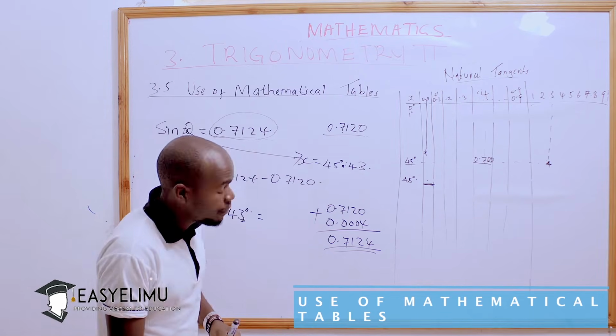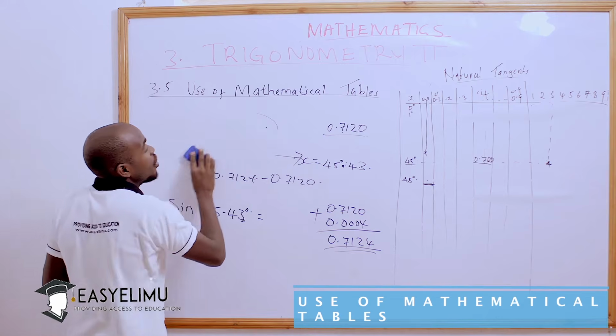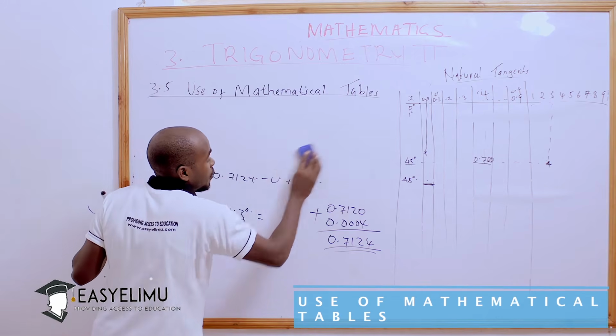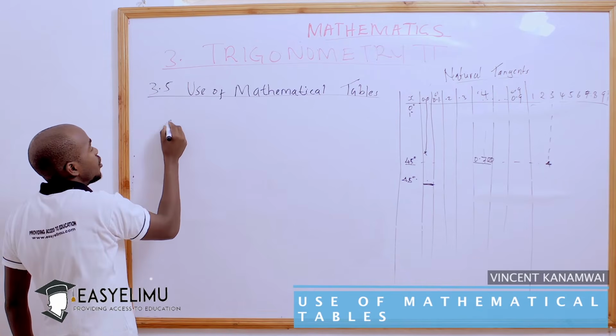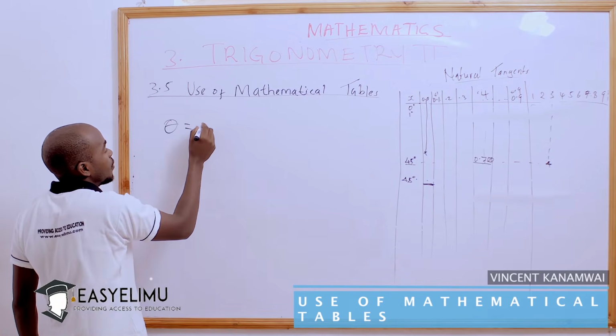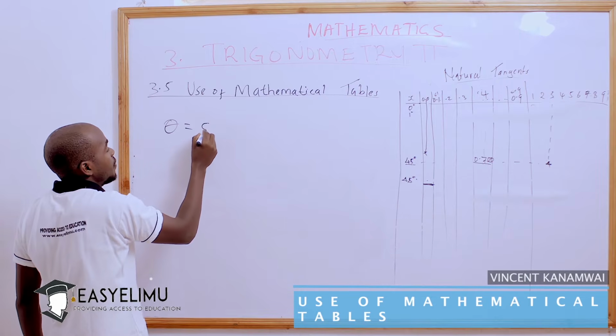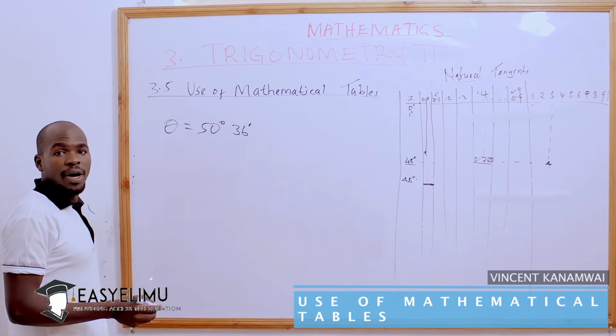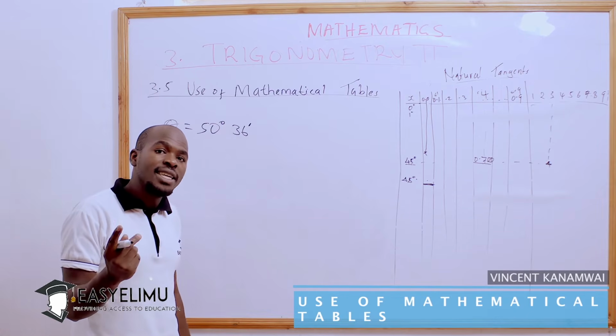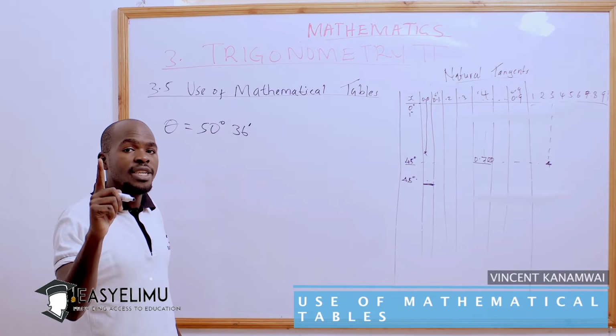And in the case where you have been provided with an angle in minutes, for example, you may be told that theta here is 50 degrees and 36 minutes. Here, what you should do, we know 60 minutes make up 1 degree.